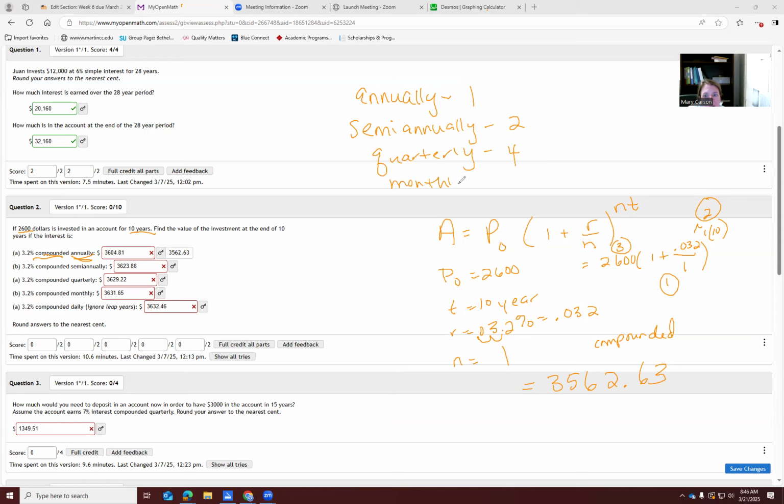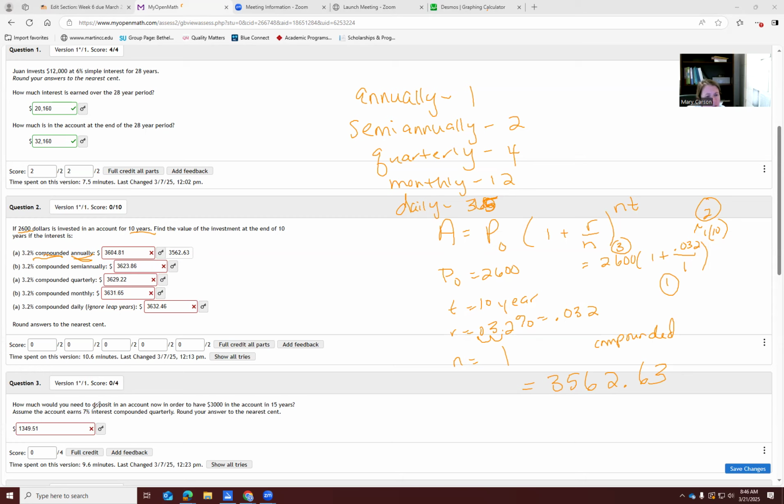Monthly will be 12 times. And then compounded daily, I think they use 360 days, but yeah, 365 days in here. Maybe we'll put 365.